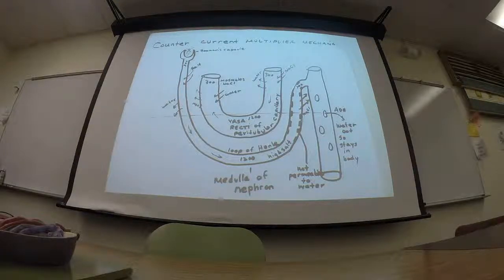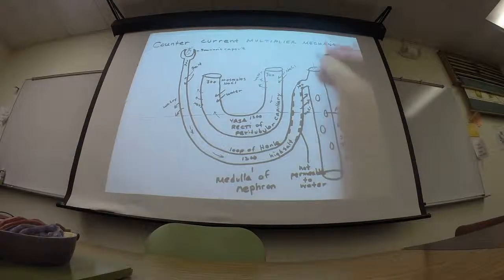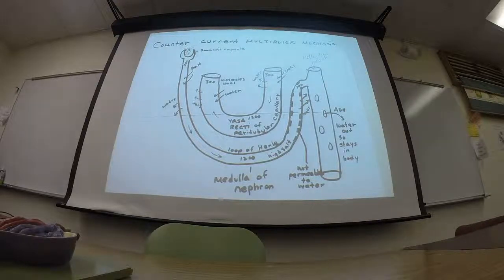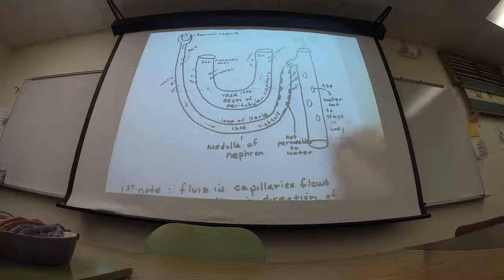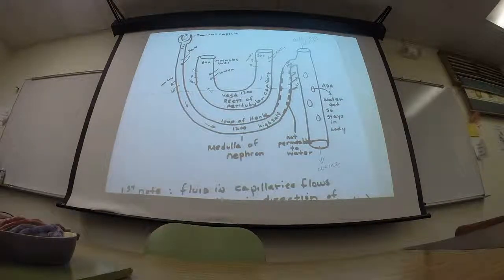Now, this is a collecting duct over here if you need to label that, or collecting tubule. You are called filtrate until you exit the collecting duct. Then and only then are you fated. It is your fate to become urine if you leave the collecting duct.